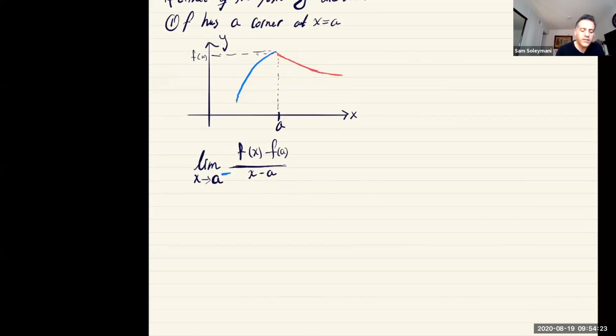If I want to make this point closer to this point, x has to go to a from where? Let's ask, I called on Ivan. Dane? Dane, are you here, buddy?